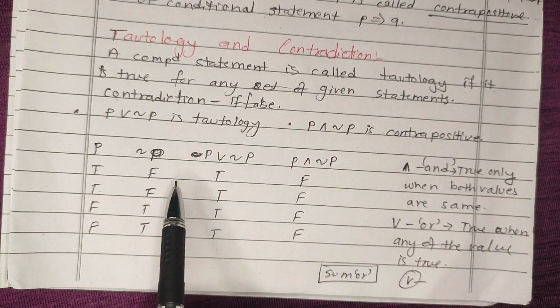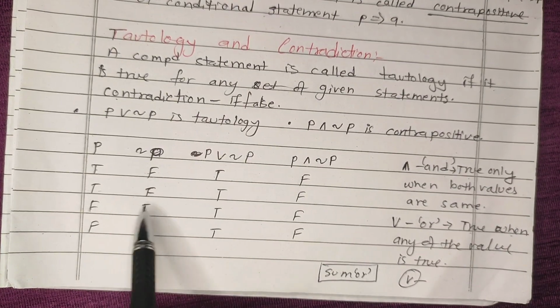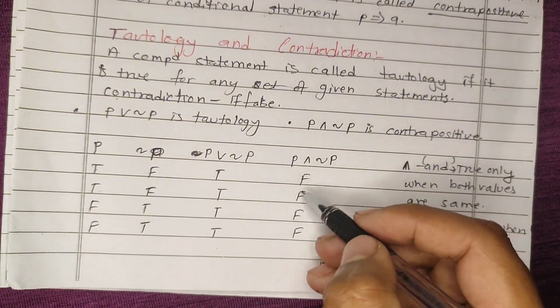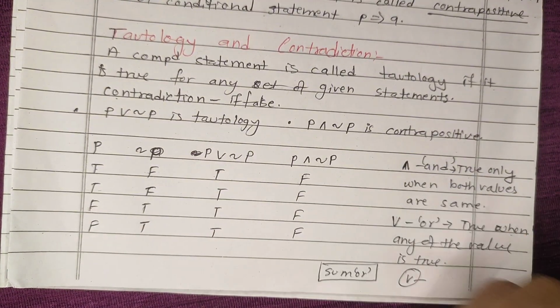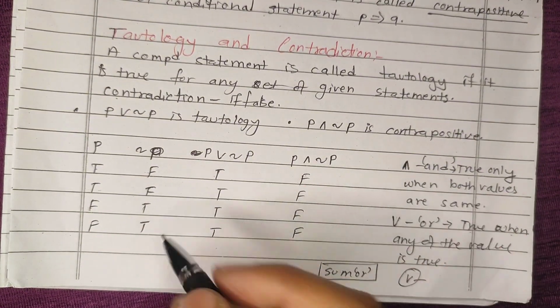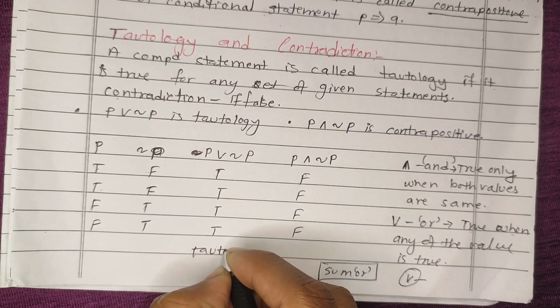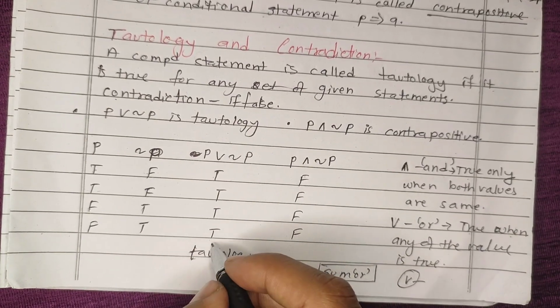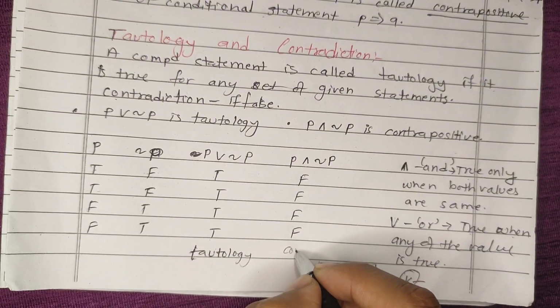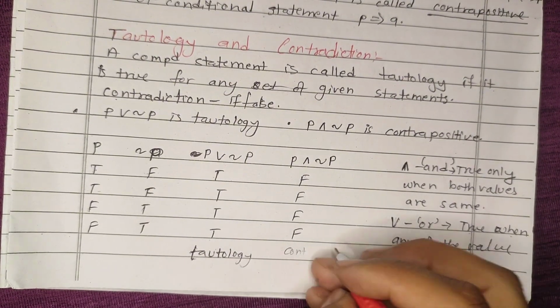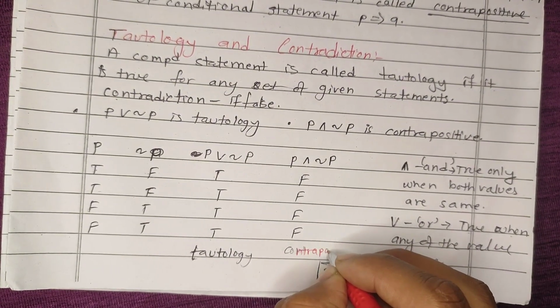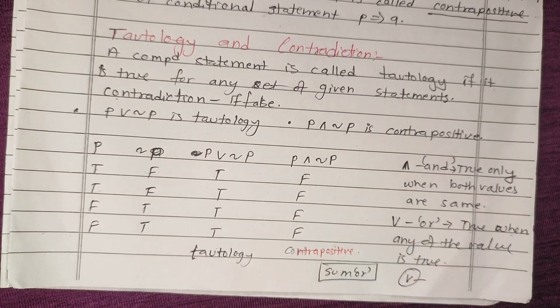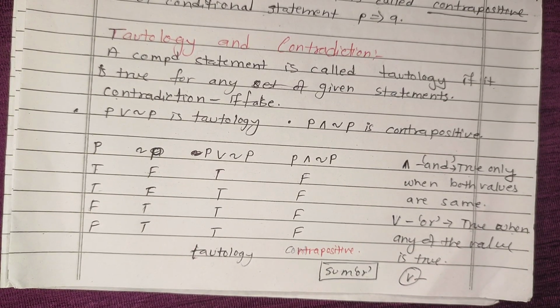Here true, false is not the same, false, true is not the same. So these become false, and the rest become true. This is a tautology if all true. Just remember, TT, true means tautology, false means contradiction. Okay, this is much for today.